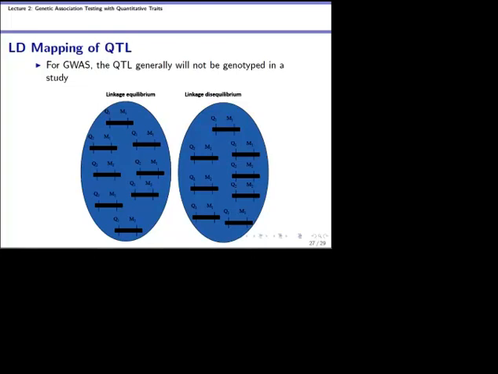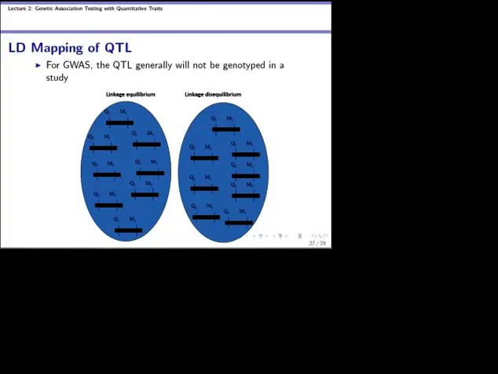You see allele 1 at the QTL and allele 1 at the marker together, but you also see allele 1 with allele 2. So there's no association. Whereas here, Q1 and M1 always appear together. So you're hoping the marker you're testing is tagging, or is in high LD with, the true causal variant. Does that make sense?